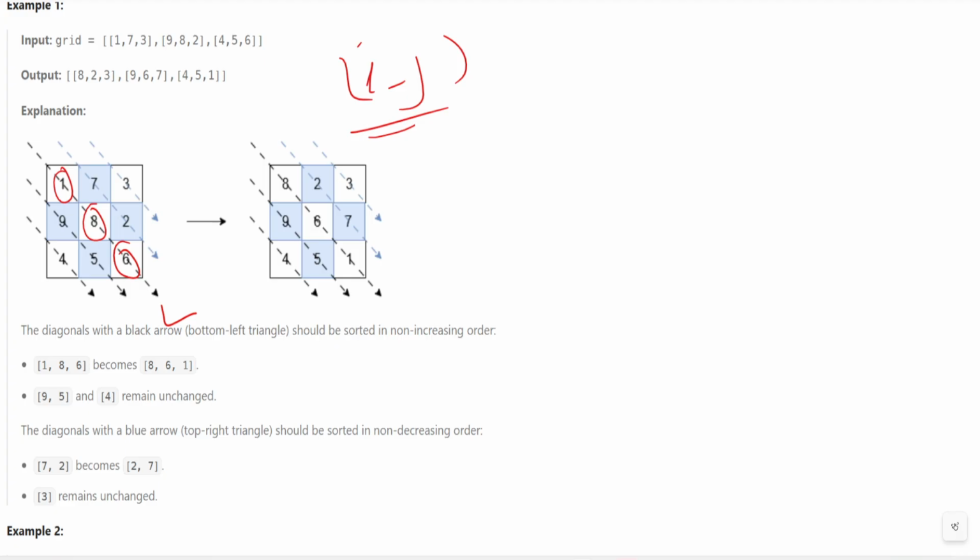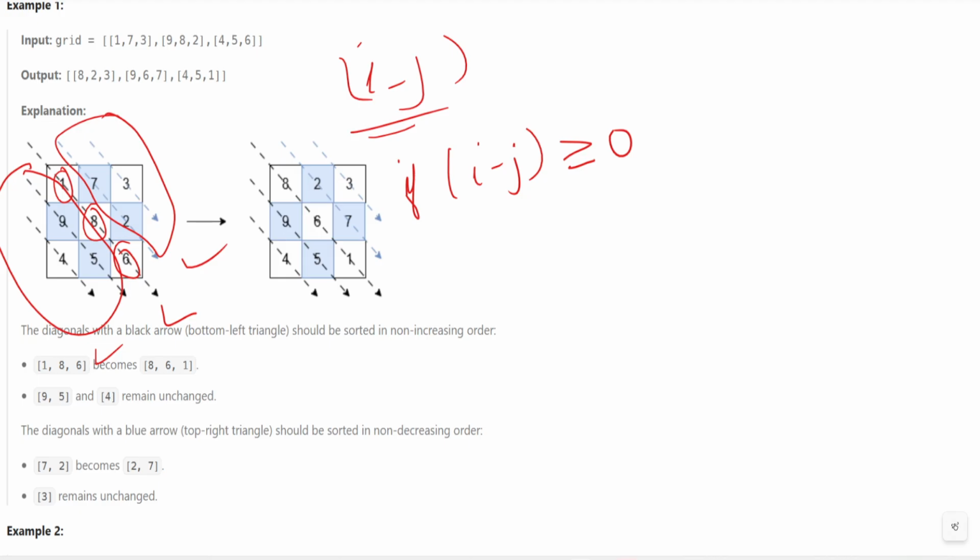Okay, let's suppose if i minus j is greater than or equal to 0, right, so where is the diagonal? The diagonal is on or below the main diagonal. It's not on this diagonal, right? Either these two or these two, this one or this one part. So it depends on the value of this.